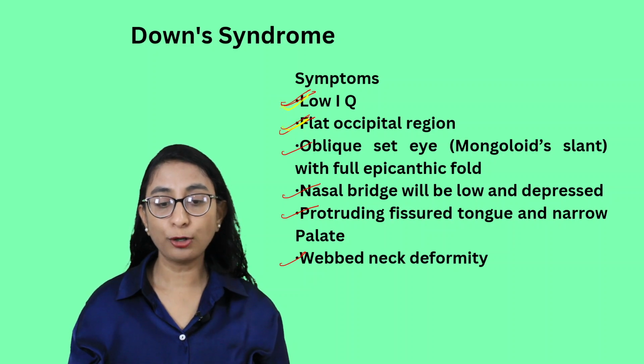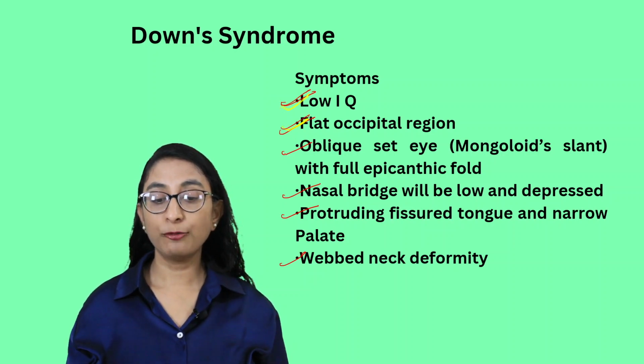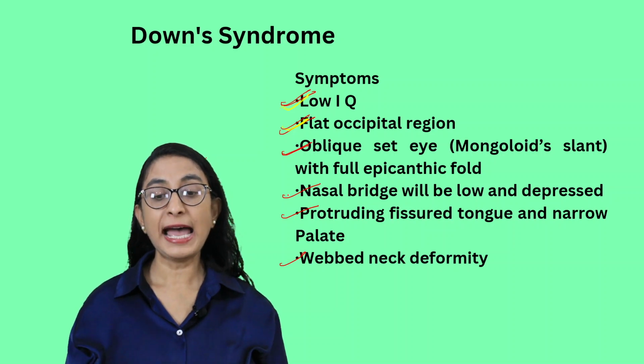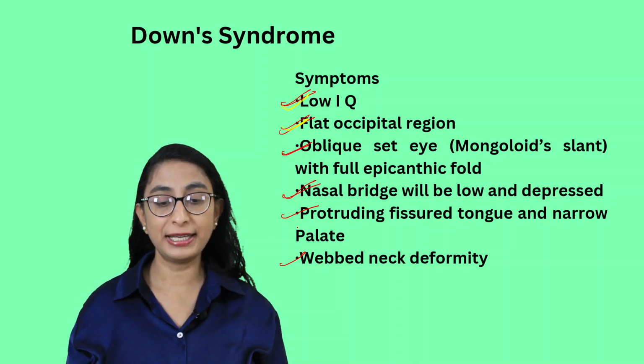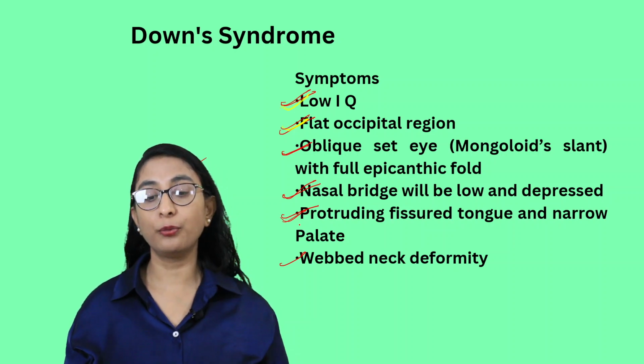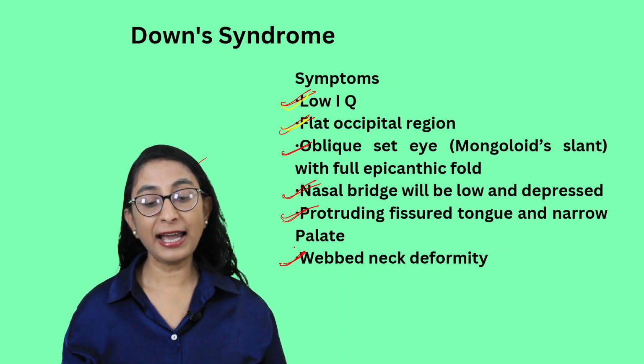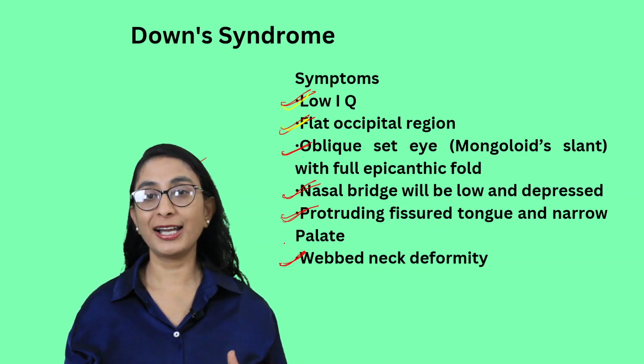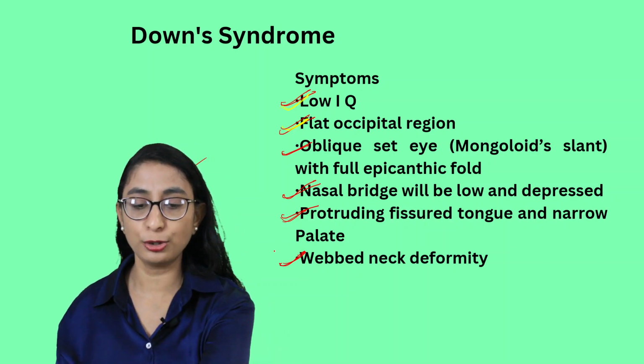They will have a flat occipital region, they will have mongoloid slant or oblique set eyes with epicanthic fold, and the nasal bridge will be low and depressed, and they will have protruding fissured tongue with narrow palate, and they will have webbed neck deformity. I showed you the image of how a webbed neck will look like.